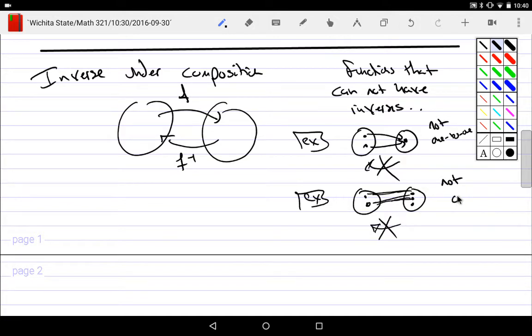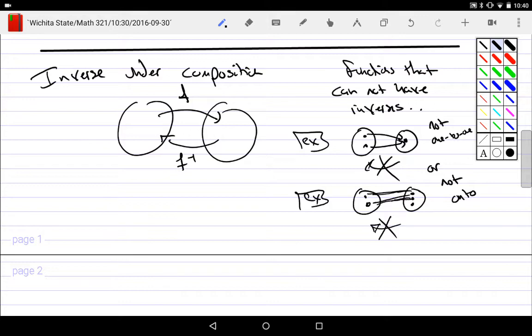If it's not onto, it's bad. If it's not one-to-one, it's bad. And this is an or. What if it's not one-to-one? Can't have an inverse. It can't come backwards. What if it's not onto? Not going to have an inverse. It's going to be either not that or not that.